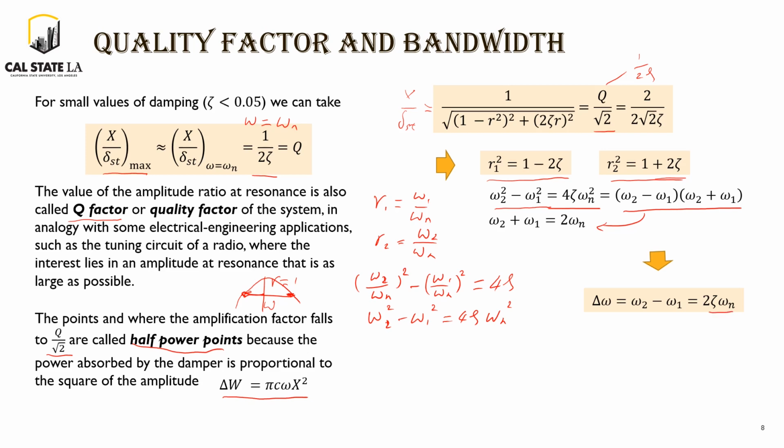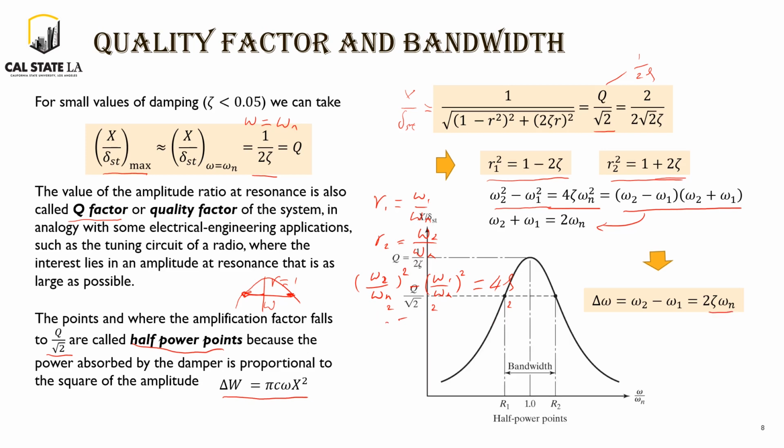So the difference between the two frequencies is also called the bandwidth. Over here, this is called the bandwidth. The Q factor, or quality factor, is the peak if we look at the amplitude ratio. Half power points have a magnitude equal to Q divided by square root of 2, which gives us 2 points.